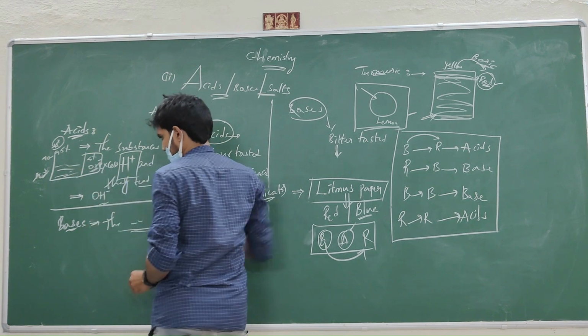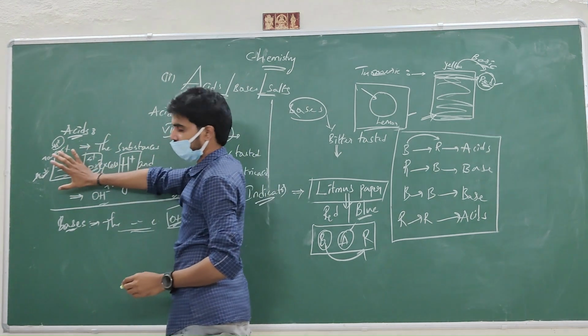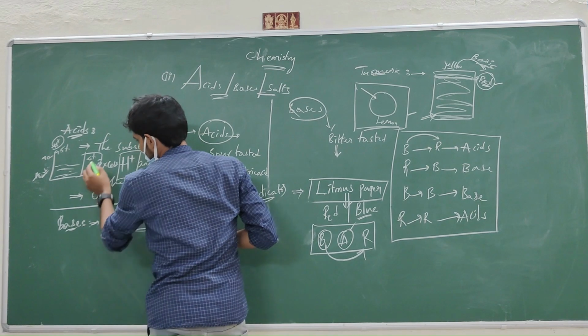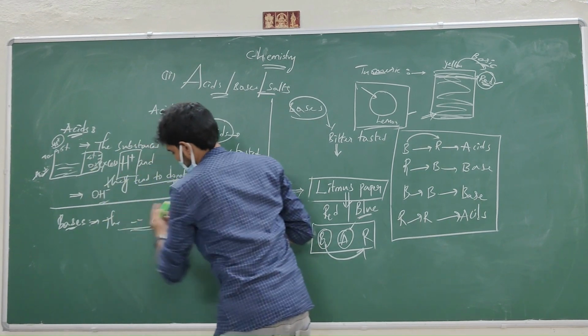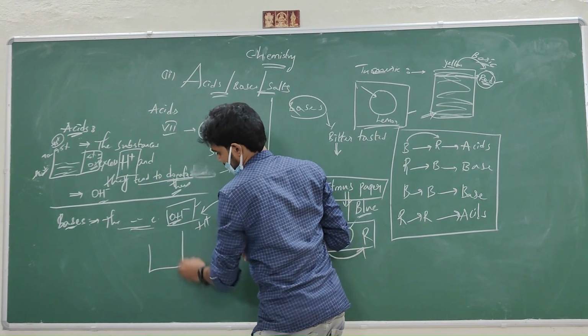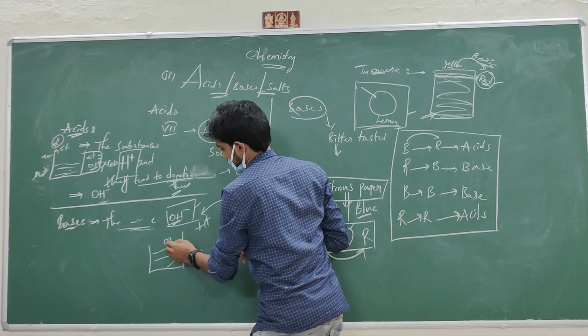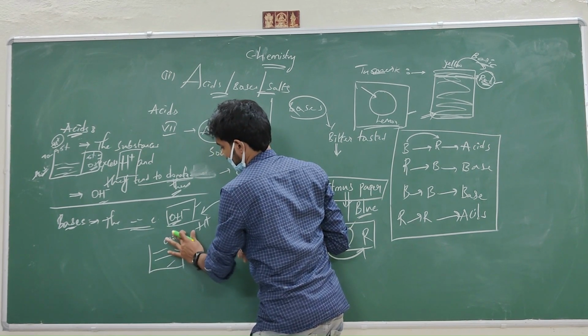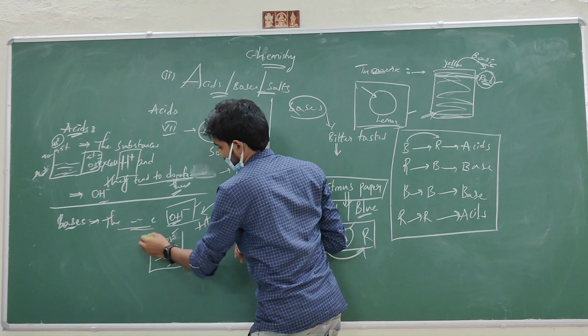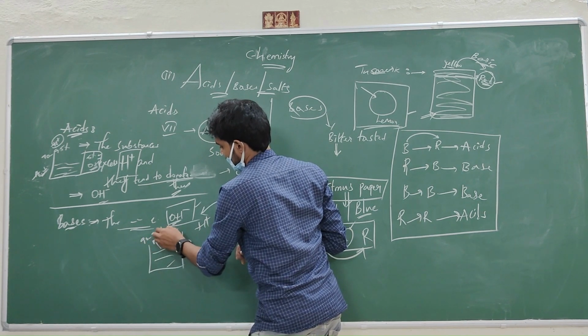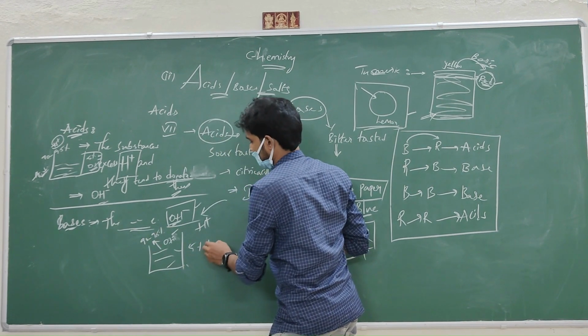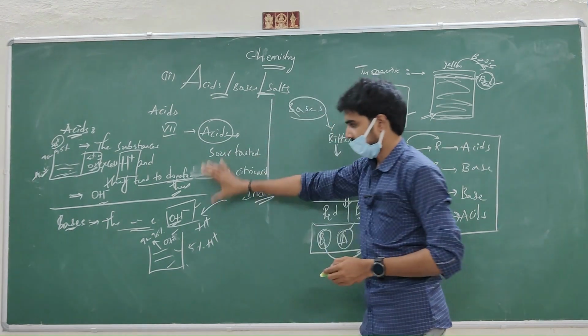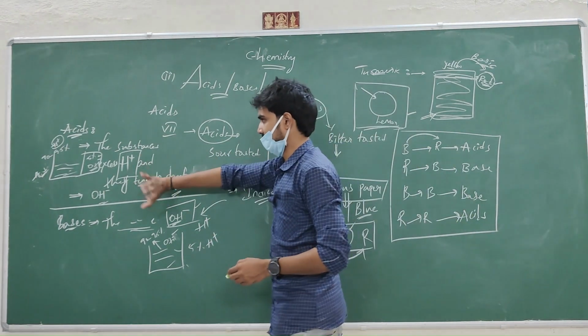That means OH minus ions are also present in this solution, but only a small percentage. Coming to bases, in that solution OH minus ions are in higher quantities, 90 to 95%, and the remaining 5% is H plus ions. I think you get the difference between these two.